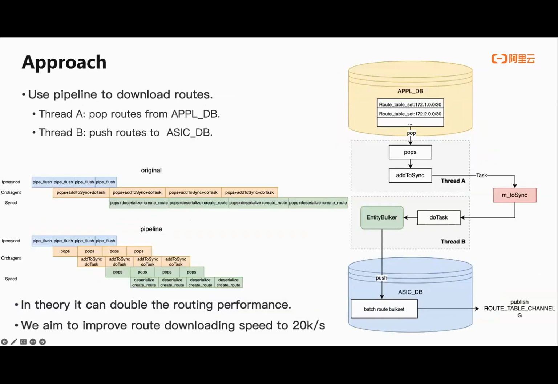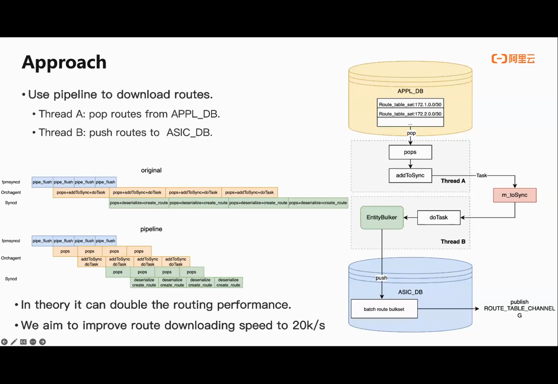Then, in order to remove the bottleneck, we came up with an approach to use a pipeline to download routes. The right graph shows how the pipeline works in Orc agent. From the time we measured before, we know that doTask takes 1 second, and pops and addToSync together take around 0.85 second.